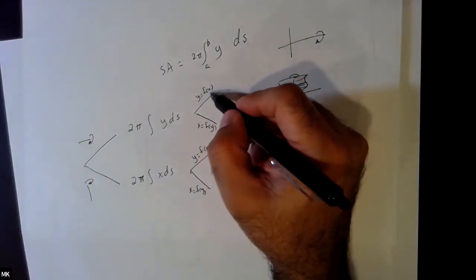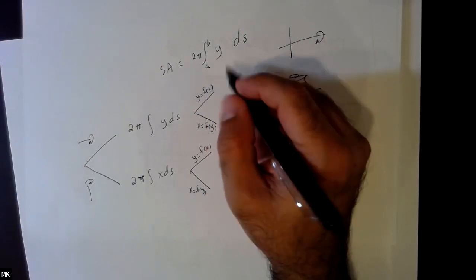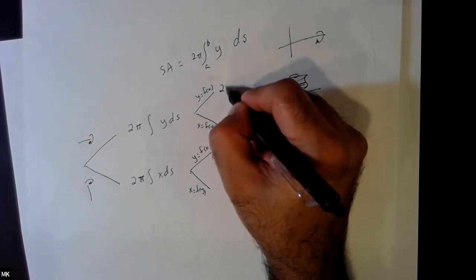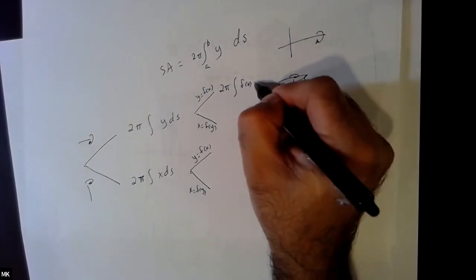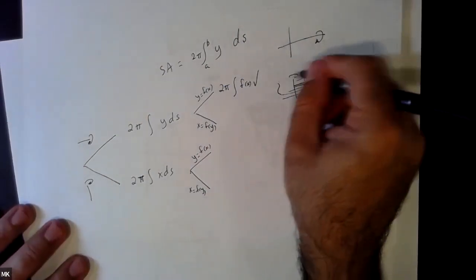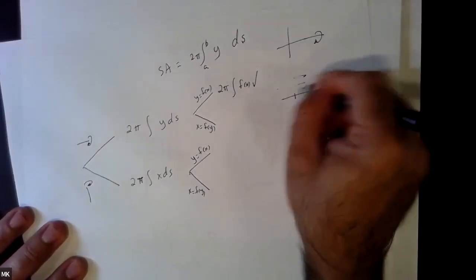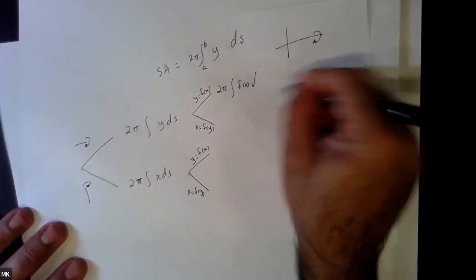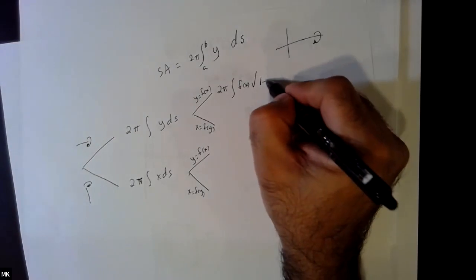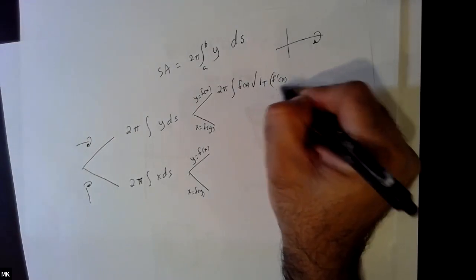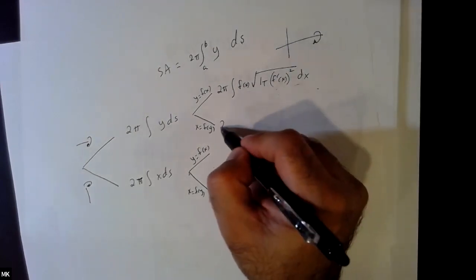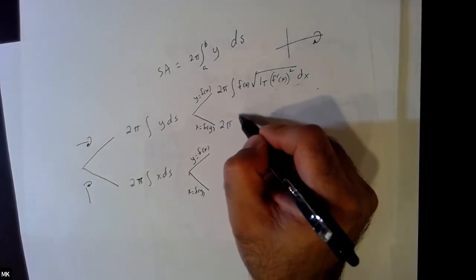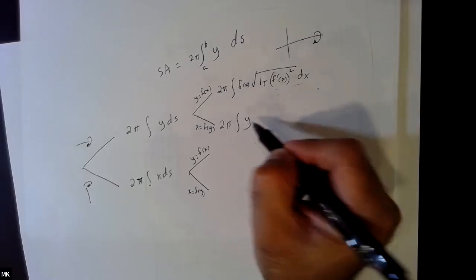So if y is a function of x, then you have the most generic form of this. Y is a function of x, and your arc length formula, the ds part, would just be square root of 1 plus f prime of x squared dx. But if x is a function of y, then you just leave it as y.